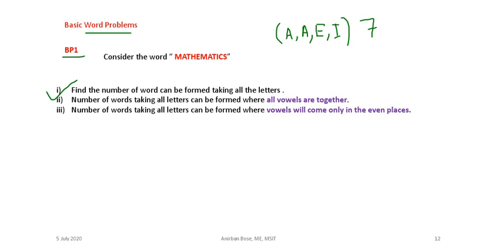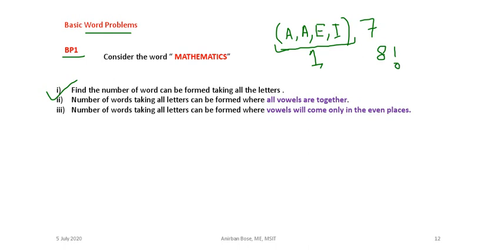So the question is, number of words taking all the letters that can be formed where all vowels are together. So all vowels will always be together. So let us consider all these vowels to be one letter. Now total how many letters? Here it is 7, here it is 1. How many ways can they be arranged? They can be arranged in 8 factorial ways, right?